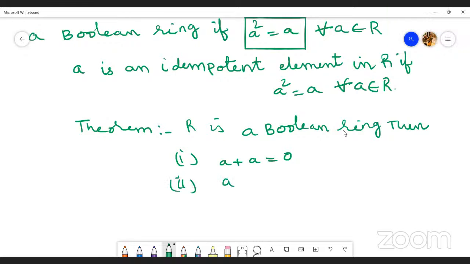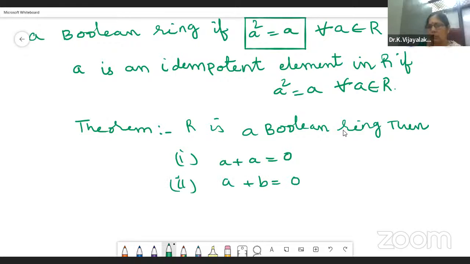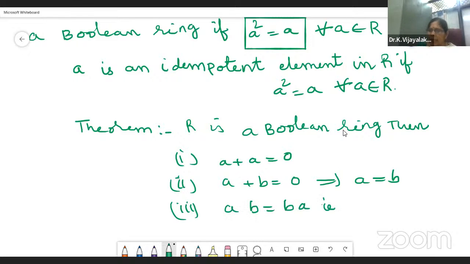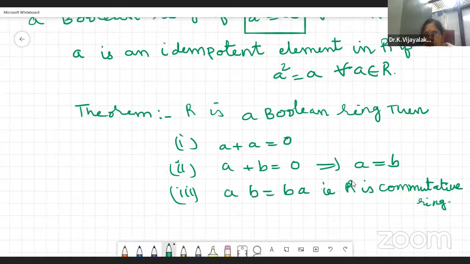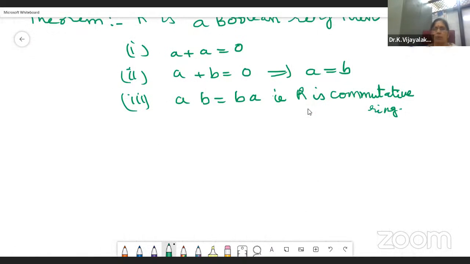Second, whenever a plus b is 0, then a equals b. And third, ab equals ba. That is, a Boolean ring is always a commutative ring. Every Boolean ring is a commutative ring, and whatever properties are satisfied by commutative rings will be satisfied by Boolean rings. How do you prove it?